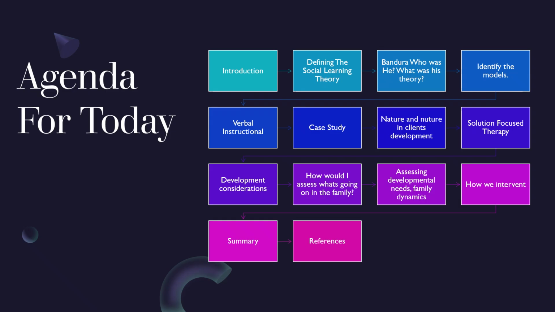From there, we will explore how both nature and nurture have shaped the client's development, discuss attachment-based family therapy and how it may support the family, and consider key developmental factors. I will also outline how I would assess developmental needs and family dynamics, as well as how I would intervene. We will conclude with a summary and references.